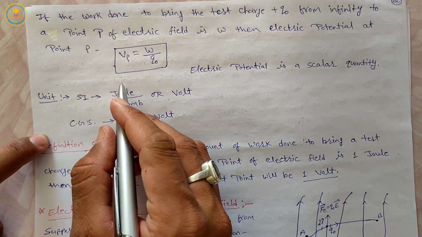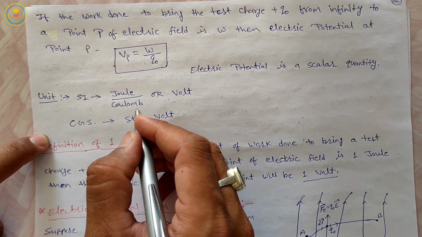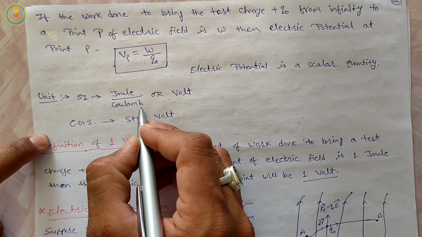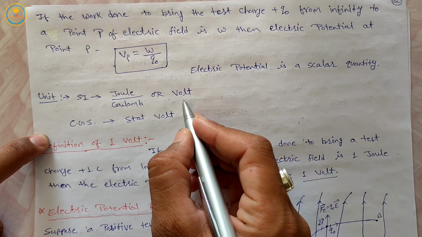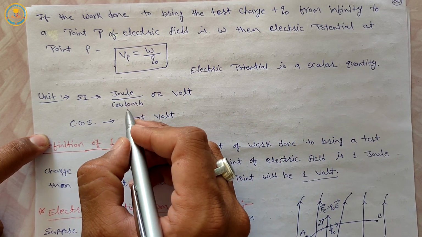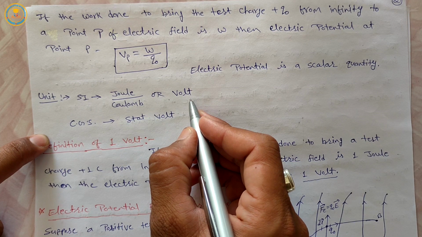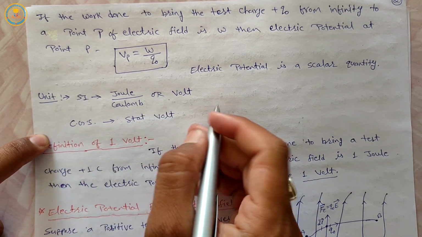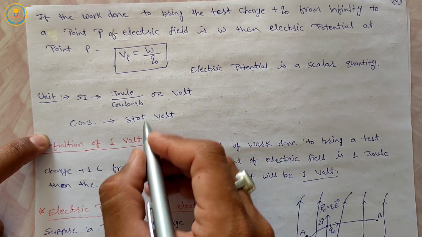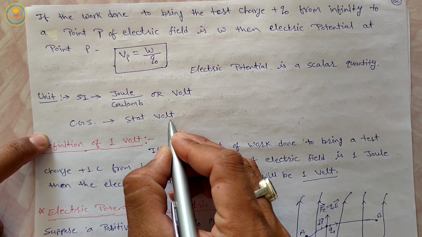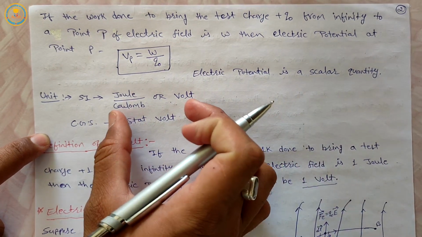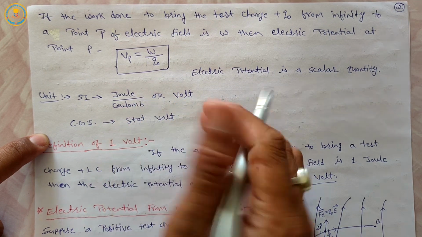Then the unit of electric potential and potential difference is joule per coulomb or volt, meaning 1 joule per 1 coulomb is equal to 1 volt. In the CGS system, the unit of electric potential is the statvolt. Okay, this is a very important unit.